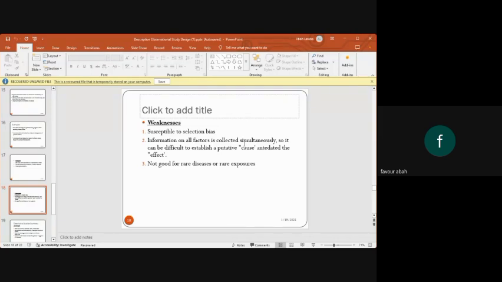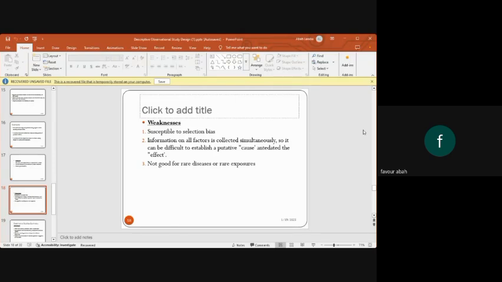Information on all factors is collected simultaneously, so it can be difficult to establish quantitative cause and effect. You are collecting information on all the factors at once, so there's no temporal sequence.